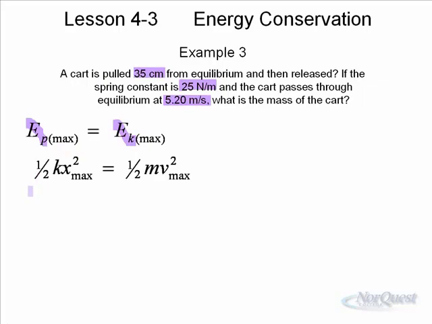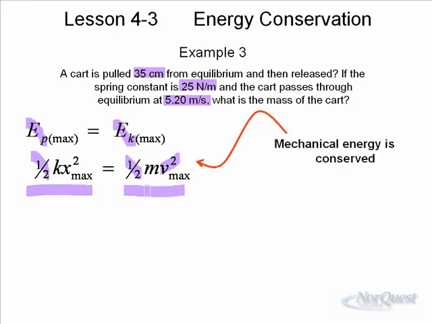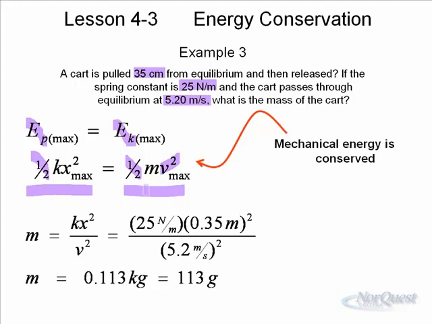And therefore, since potential is 1/2 kx squared and kinetic is 1/2 mv squared, we can solve for m by multiplying both sides by 2. That cancels out the halves. And then dividing both sides by v squared, because we want to isolate m. When we isolate m, we end up with m is equal to kx squared over v squared.